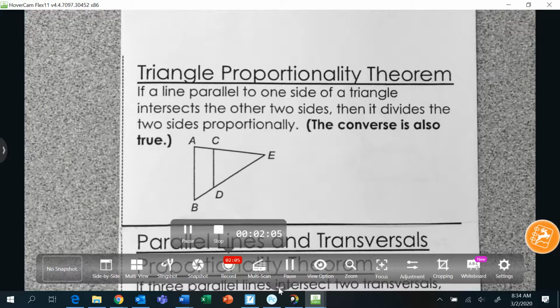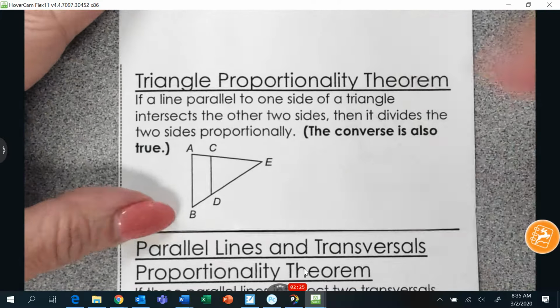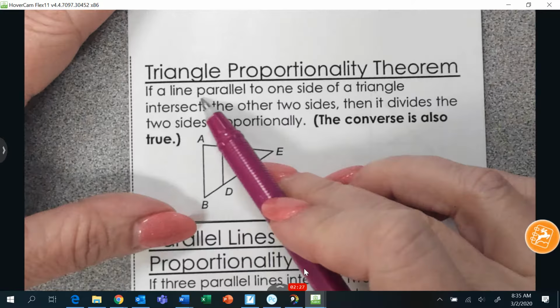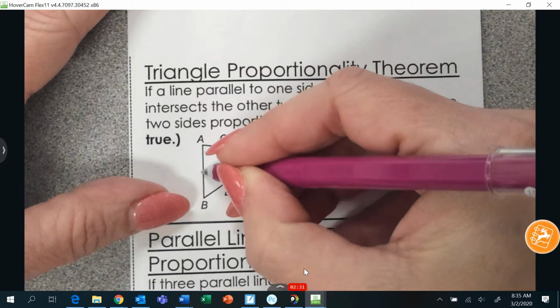All right, so we have divide proportionally. And the converse is also true. So it says if a line is parallel, so that means I've got some parallel lines here. We're going to mark these two parallel.